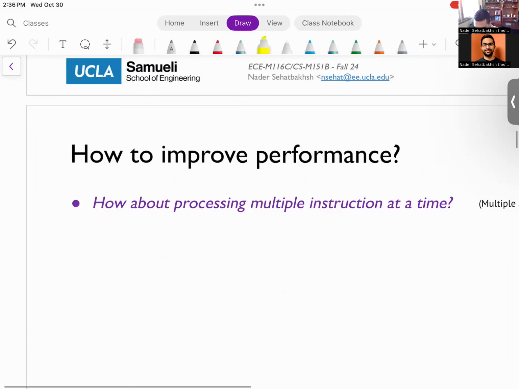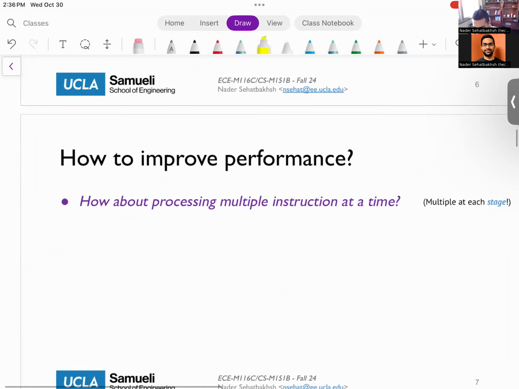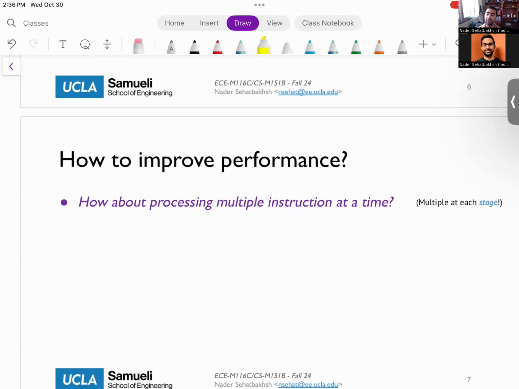So the idea here is that obviously we can improve this significantly by changing this assumption that there should be only one instruction per pipeline and change that to what we call a superscalar processor, where you actually process multiple instructions at a time per pipeline stage, okay?